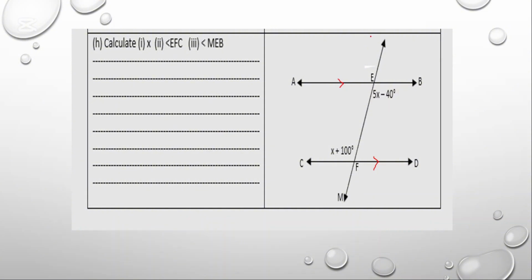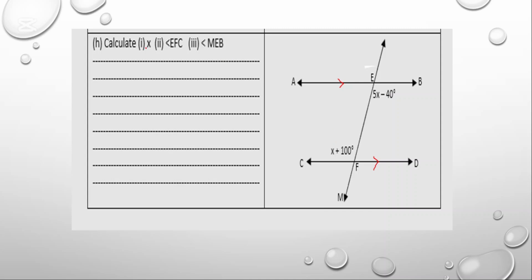Here we have another one. And again, you use an equation. 5x minus 40 equals x plus 100. You work out your equation. Decide if they form a pair of angles. Yes, you can see they form angles, and then you work it out.